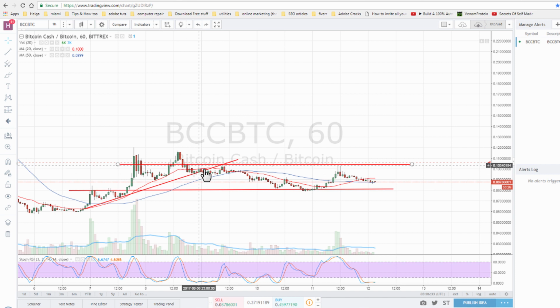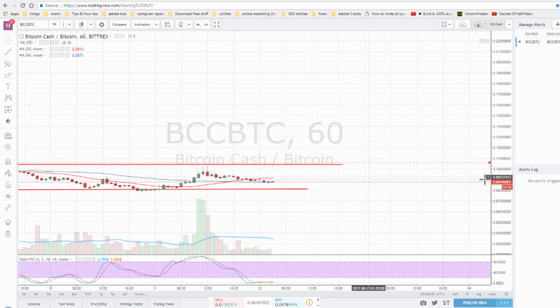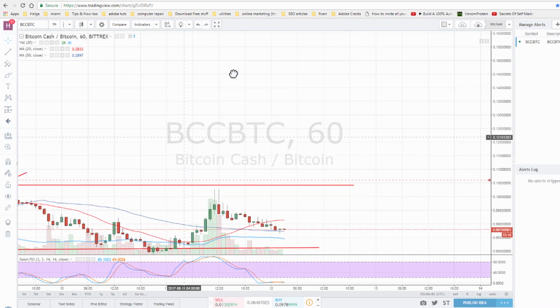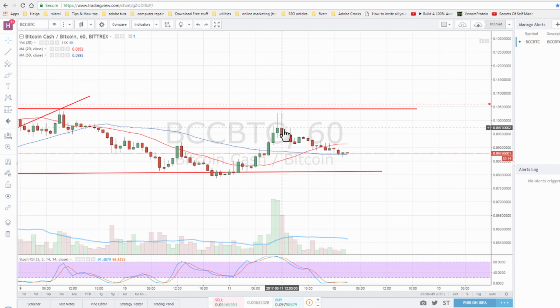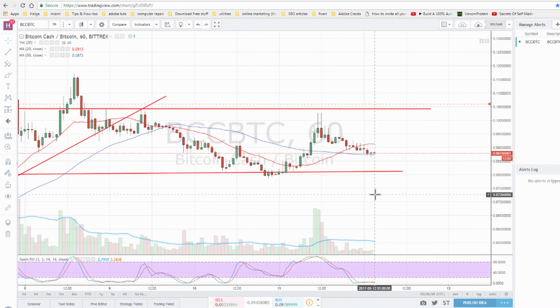Here one time, here two times, here three times, and every time it gets close to this line, it just gets rejection. You can see these candles are bearish candles. You see all the rejection here. People are selling like crazy as soon as it gets close to this resistance point. Plus, it's below the 20-day moving average. So no, I wouldn't enter a position here.